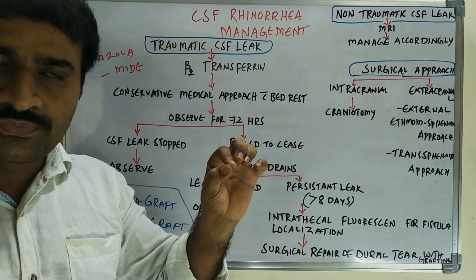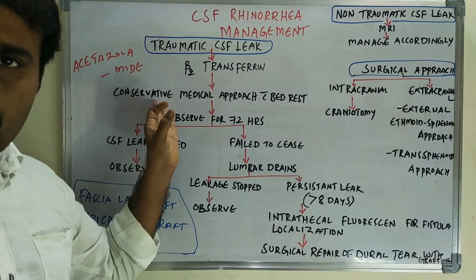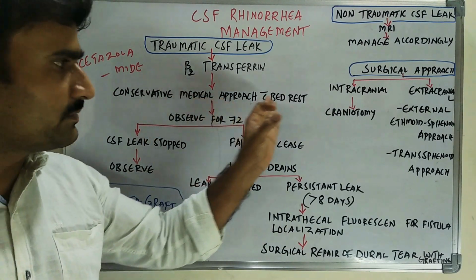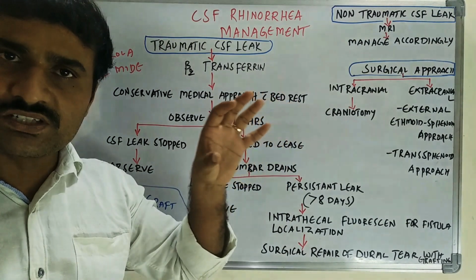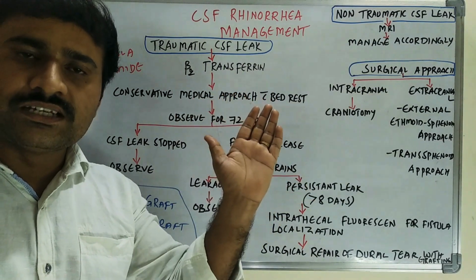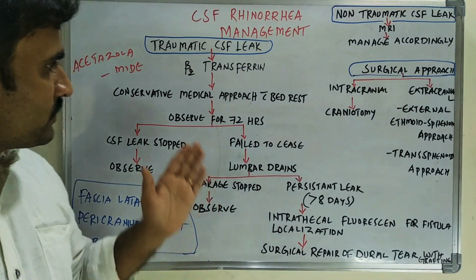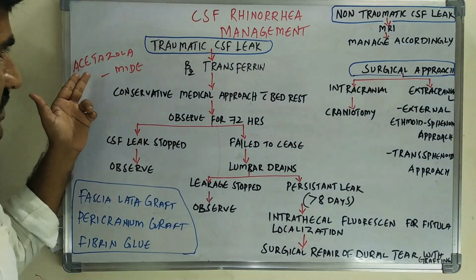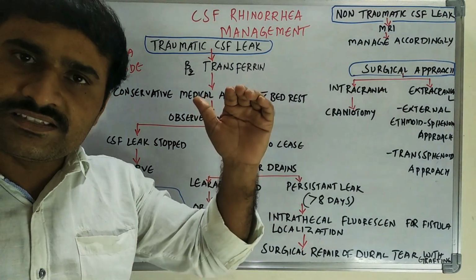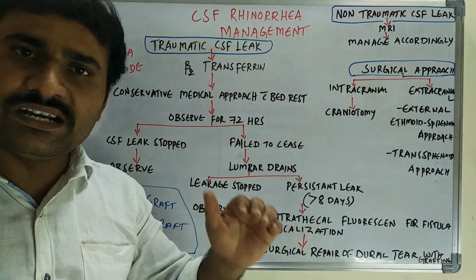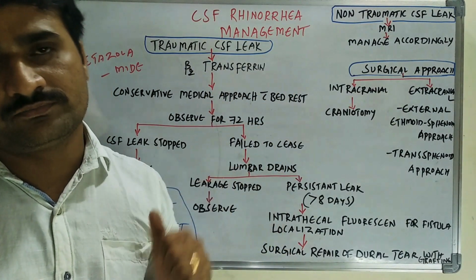Once you confirm, first we will manage conservatively by medical approach with bed rest. We should advise the patient to take bed rest with slightly head elevated position, 30 to 40 degree, right? And we can give the acetazolamide, which decreases CSF production, thereby decreasing the CSF pressure.